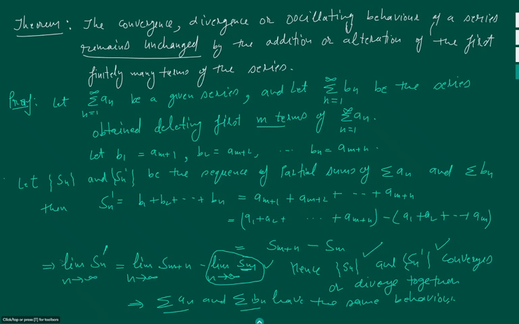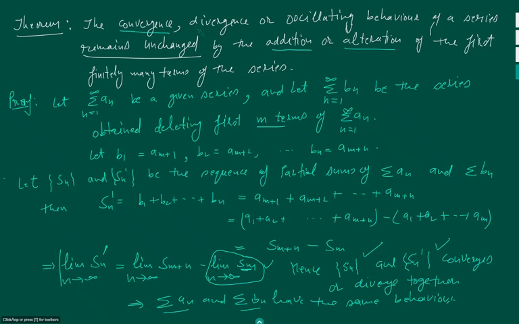because of this result. So we have proved that if you add first few terms to a series, or delete first few terms of a series, or alter first few terms of a series, then the behavior of the series remains the same.